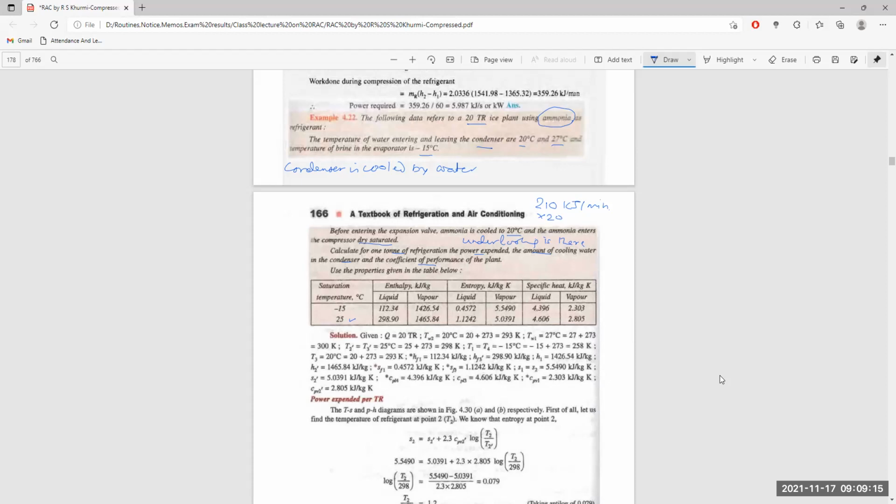T1, temperature at the entry of the compressor, and T4, temperature at the exit of the condenser, is given as minus 15 plus 273, 258 degree Kelvin.